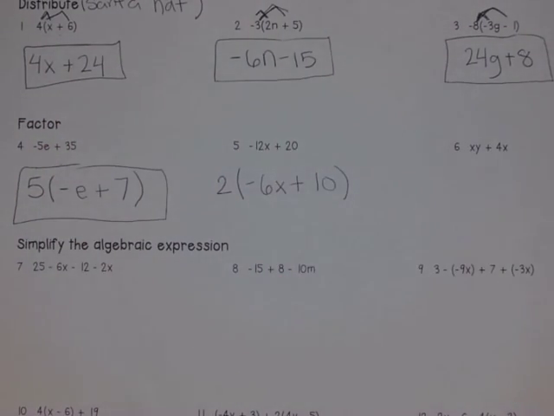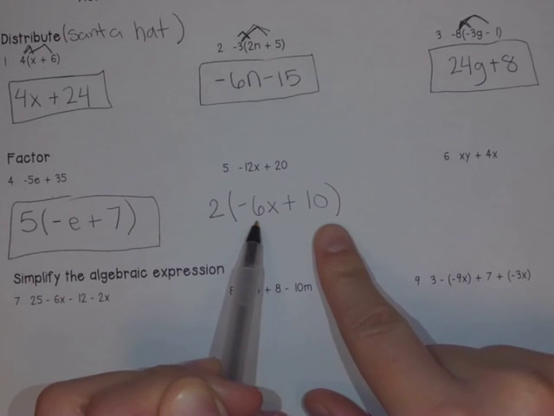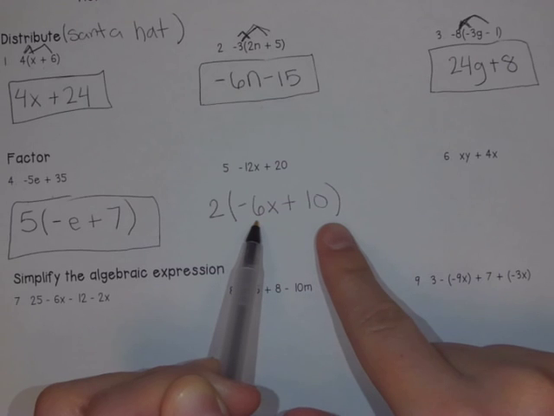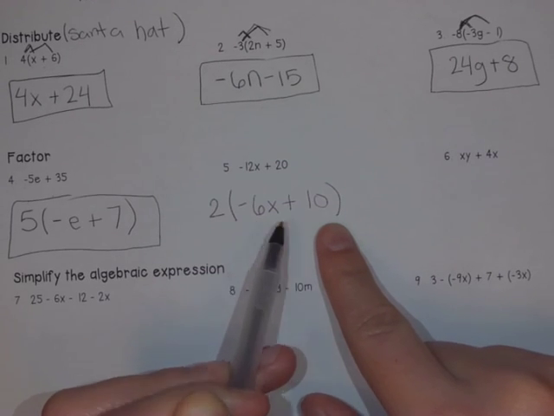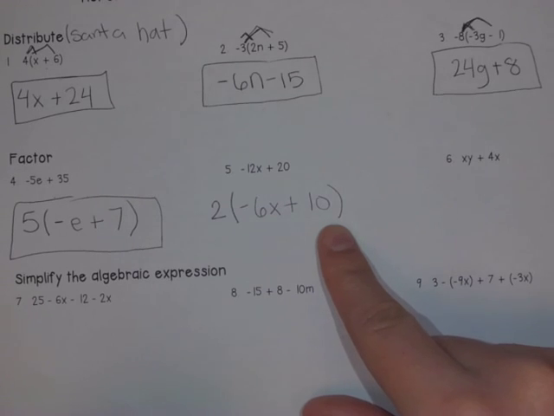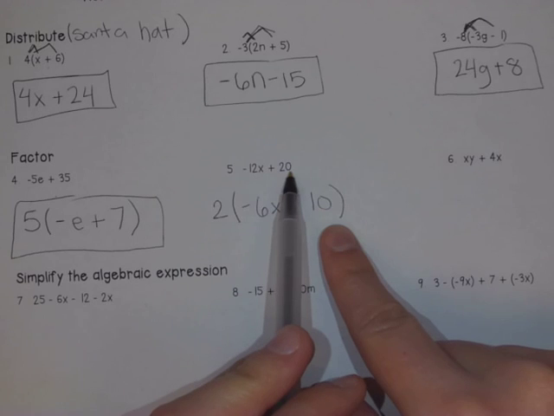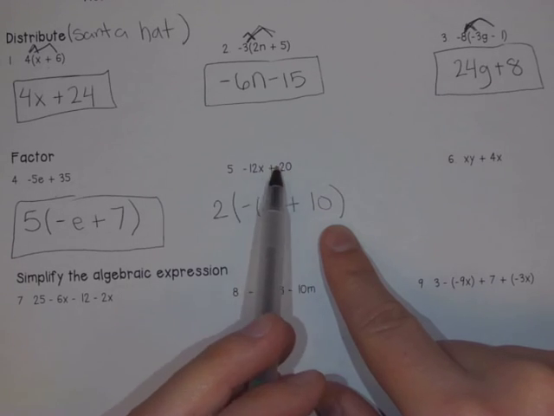So if you notice, this doesn't work because neither of these two numbers are prime. So I'm going to take out an even bigger number. So what else goes into 6? That was 2 times 6. I know 3 times 4 does. Okay, does 3 go into 20? No, but 4 does.